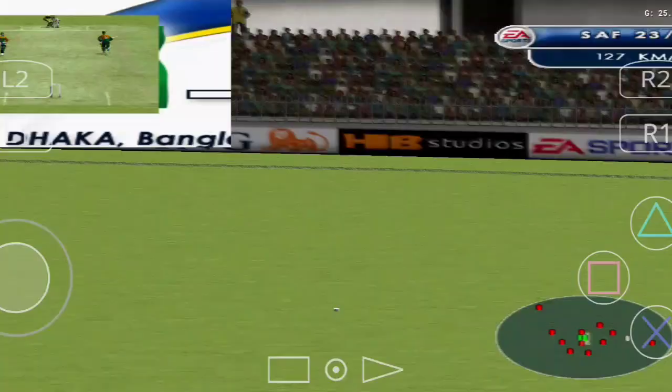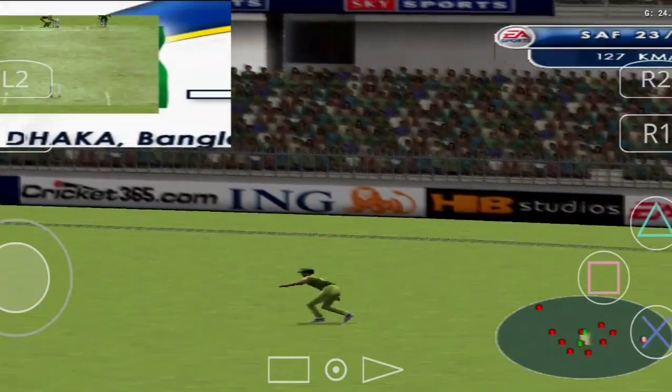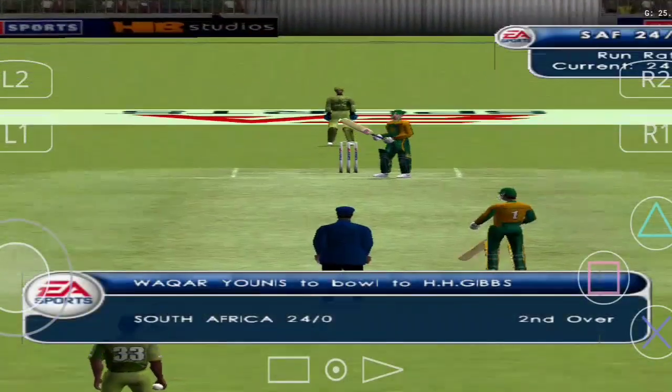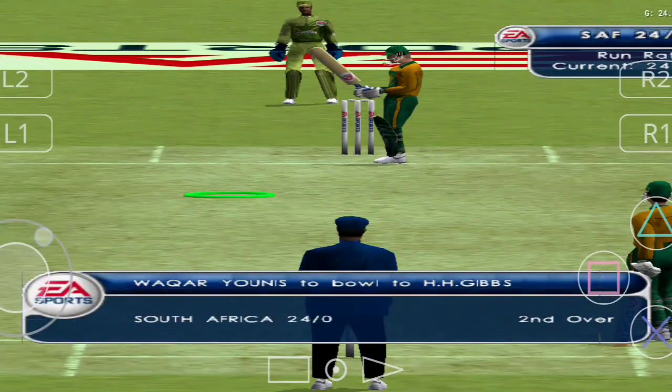Pushed into the gap. That takes him into double figures. Waqar Yunus to Gibbs.